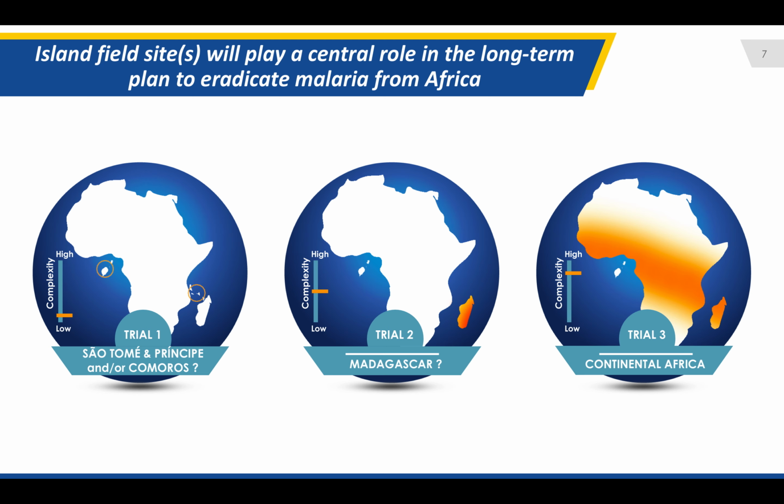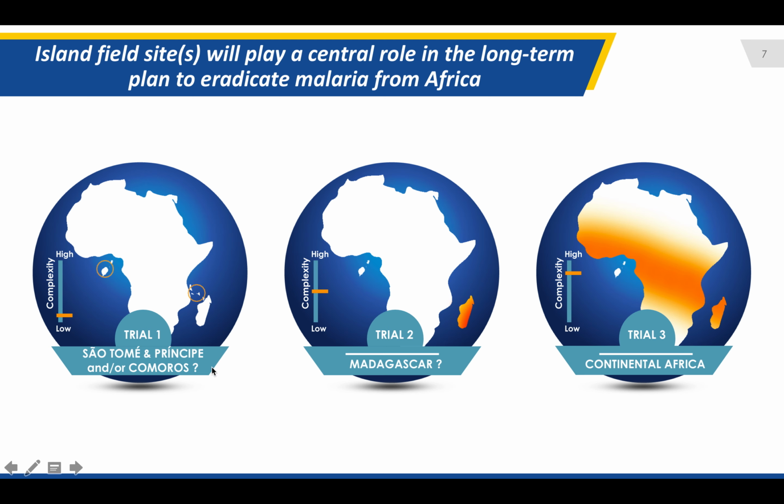For example, Santo Tomé and Principe Islands and the Comoros Islands in Africa. Those places are very good candidates for a first trial because they are ecologically contained, and the complexity is lower when we compare it with a continental complexity, for example.